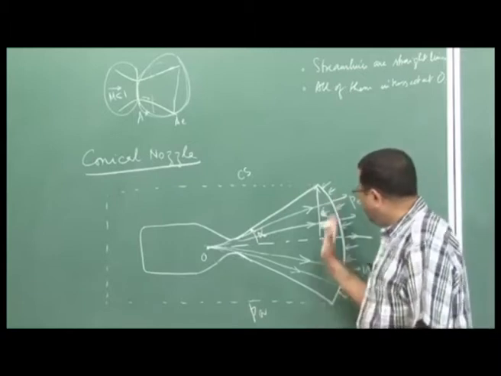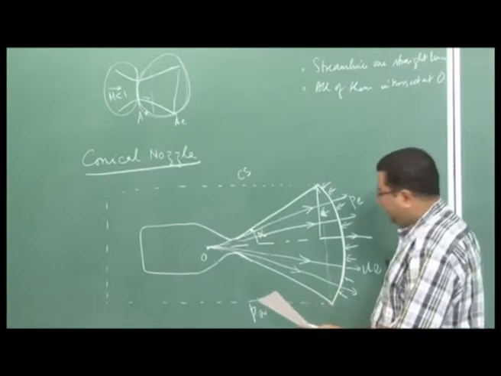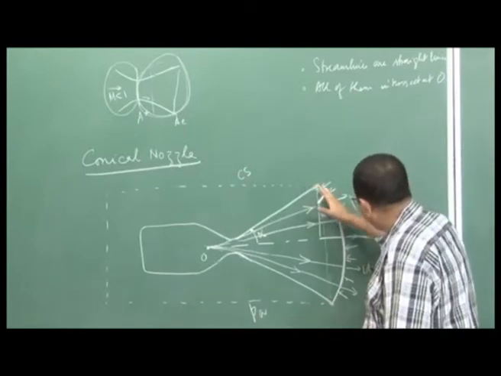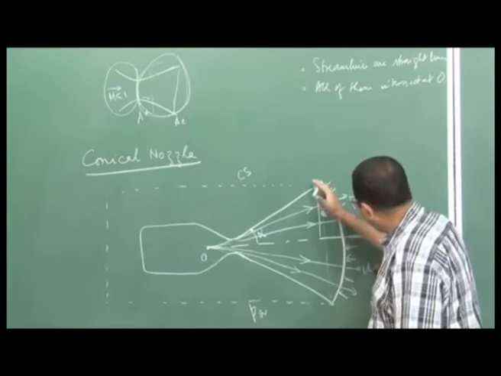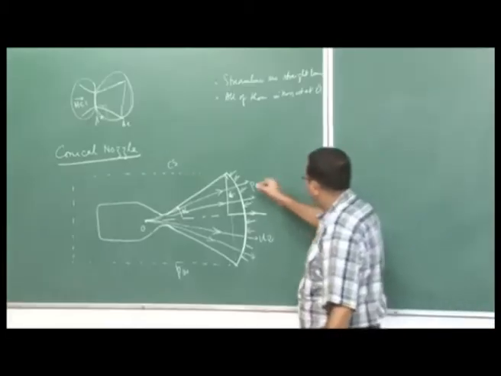So, this is the geometry of the conical nozzle that we are going to talk about, and we considered that the flow is coming out like a spherical segment as shown here. Let me just highlight this spherical segment through which the flow is coming out.